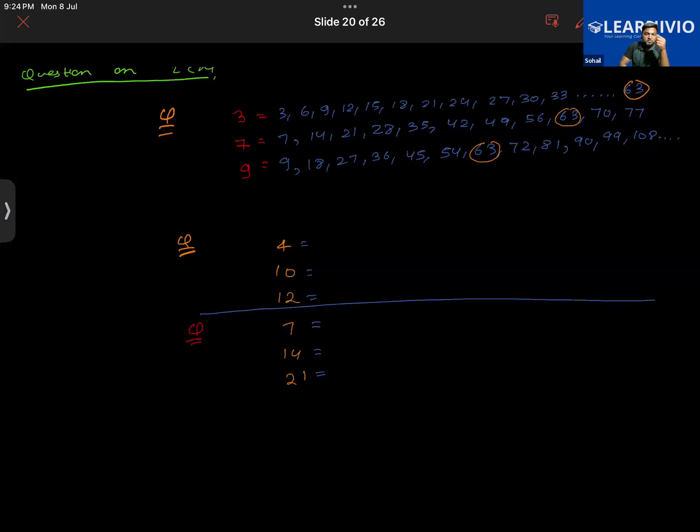First of all, you will write the multiples of the bigger number, as I told you. That will be helping you. 12 ones are 12, 24, 36. Ultimately, you'll be having 60. And 10 sixes are also 60. And 4 fifteens are 60. So 60 is the least common multiple of the three numbers.